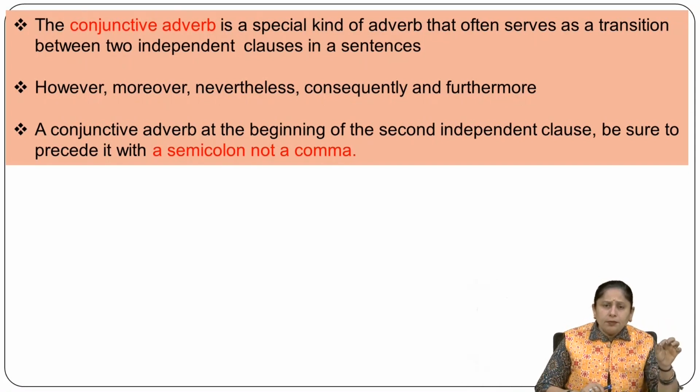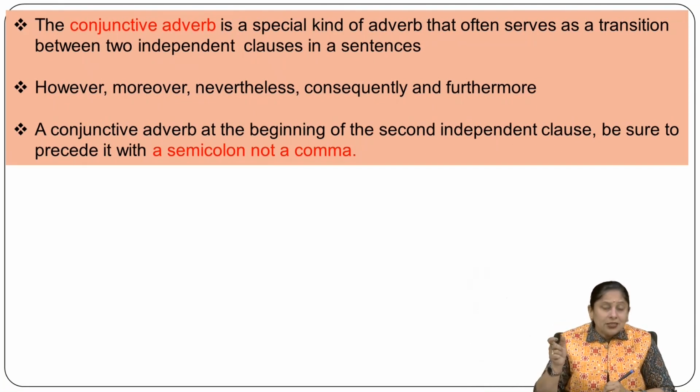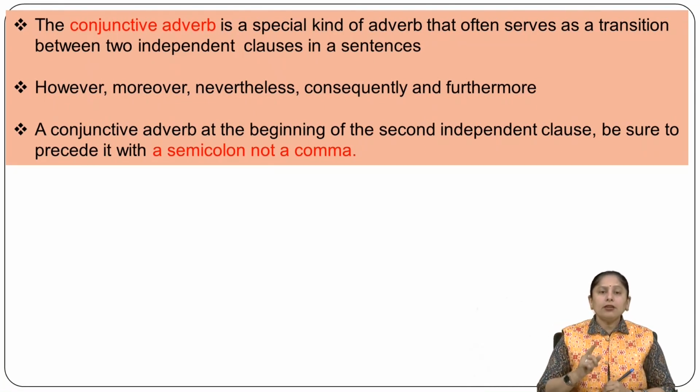For example, there is a sentence, she is Sita. Another sentence, he is Ram. She is Sita and he is Ram. Both the sentences are connected with the word and. In the same way, the conjunctive adverbs are utilized with certain words which are very formal and very popular.